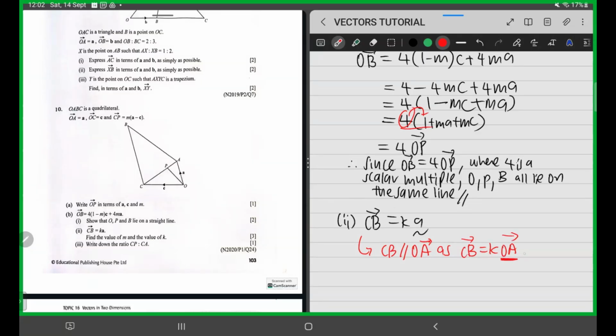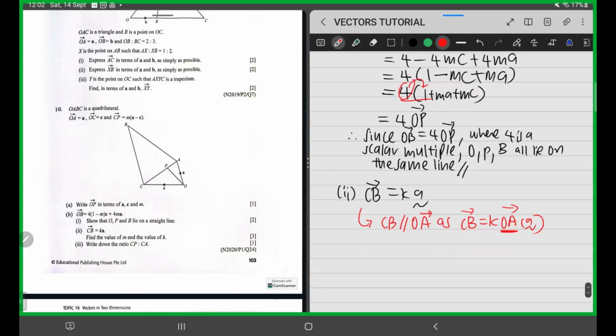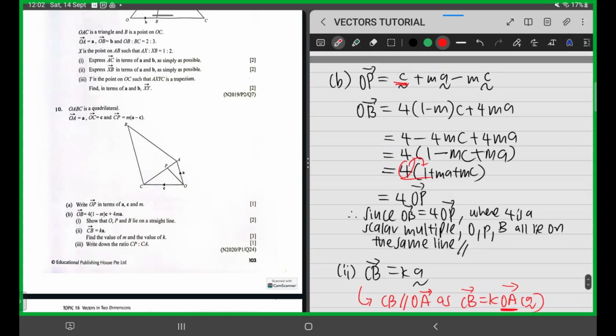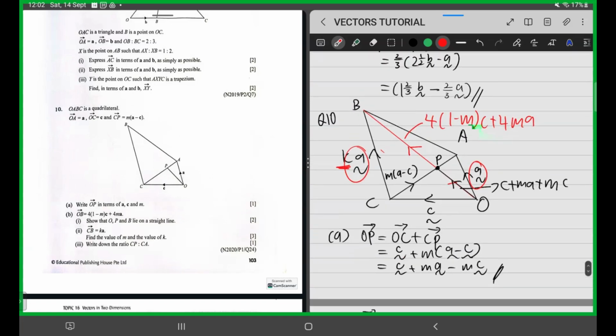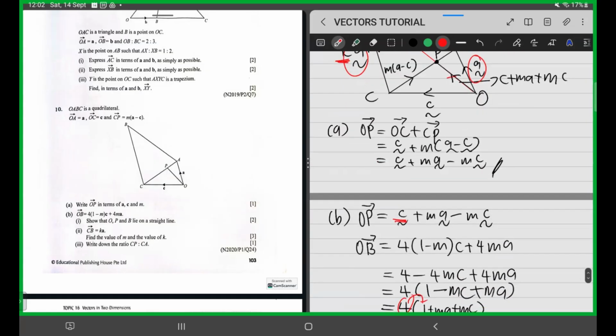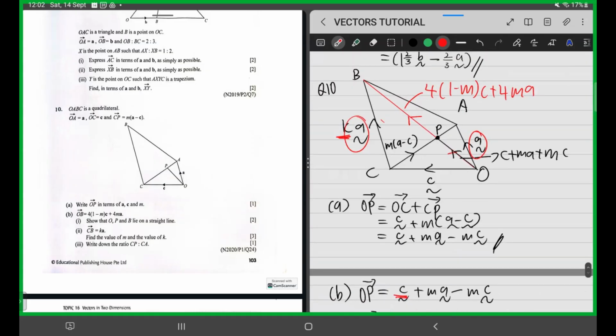Because OA is A. So find the value of M and the value of K. So far we have CB equals to KA, and we know that O, P, B all lie on the same line.